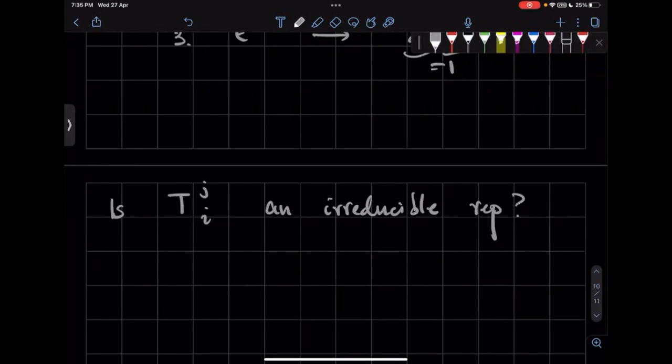Can you extract from T^i_j some linear combination which is invariant under SU(N)? Because if you could, that part would have to be subtracted, and therefore this whole thing cannot be irreducible.